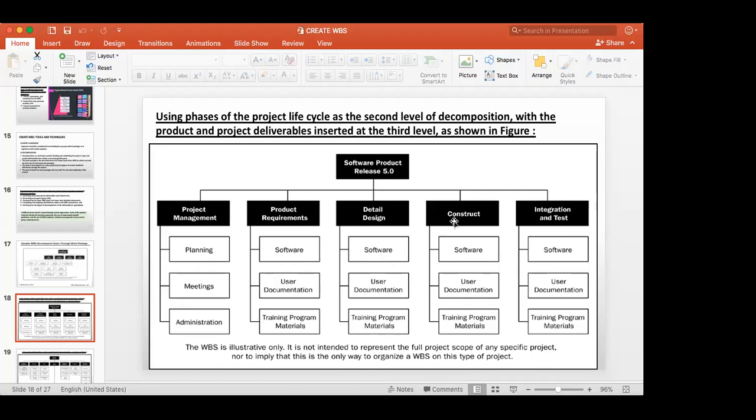Then in construction, what finally comes is software, user documentation; this is a software product release. User documentation, training program material. In integration testing too, software comes again, and user documentation, then testing after that. So the deliverables are at the third level here.